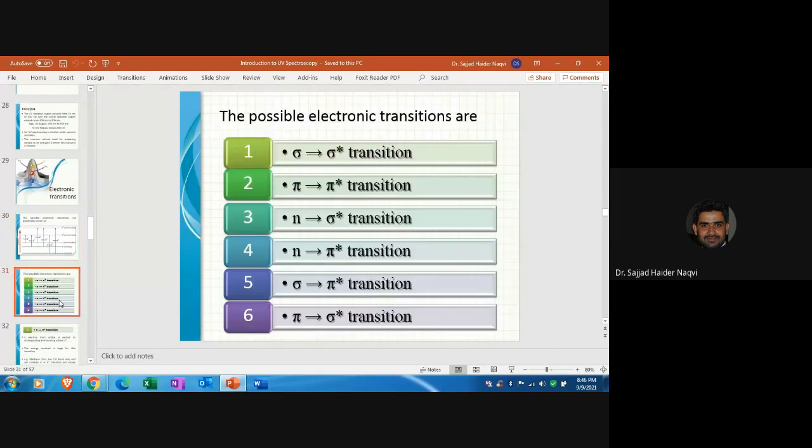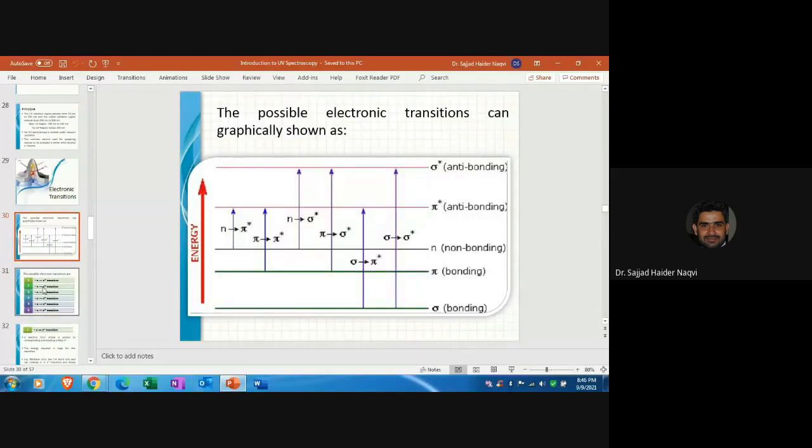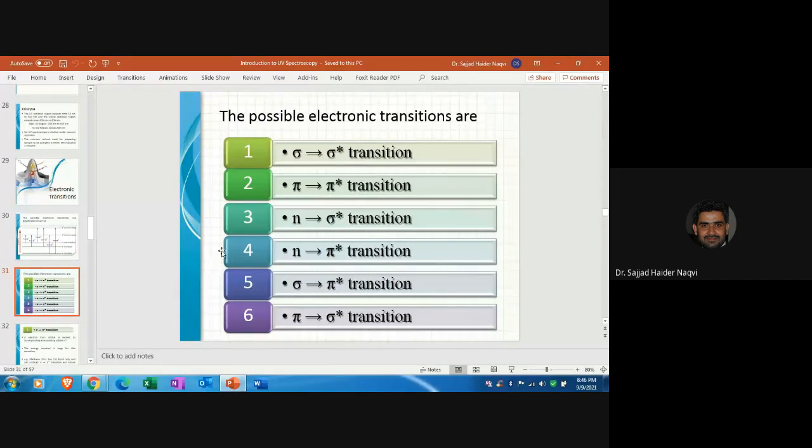This is another diagram, the same one in a little bit different way. These are the 6 levels here, and they are being shown in a different way. So you can see that the transitions could possibly be of 6 types. The first transition is from sigma to sigma star.